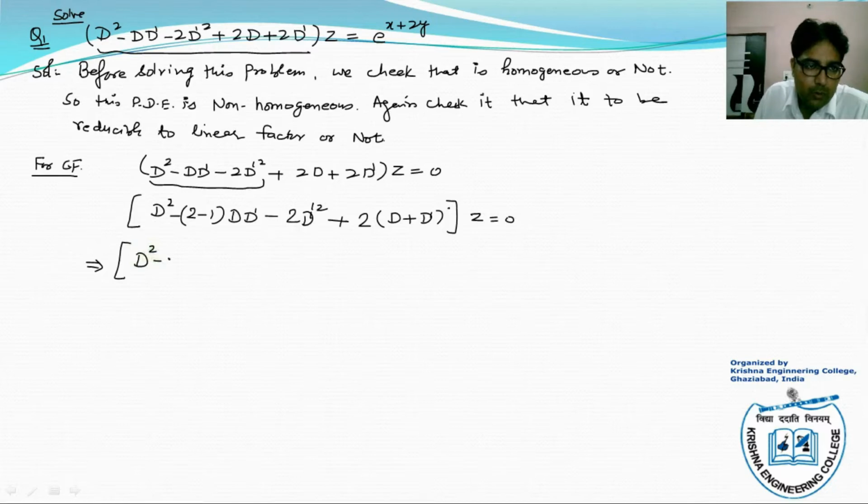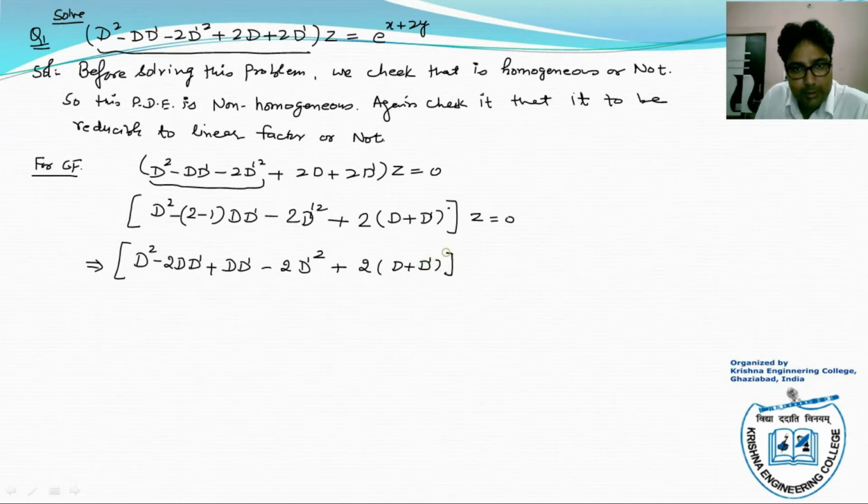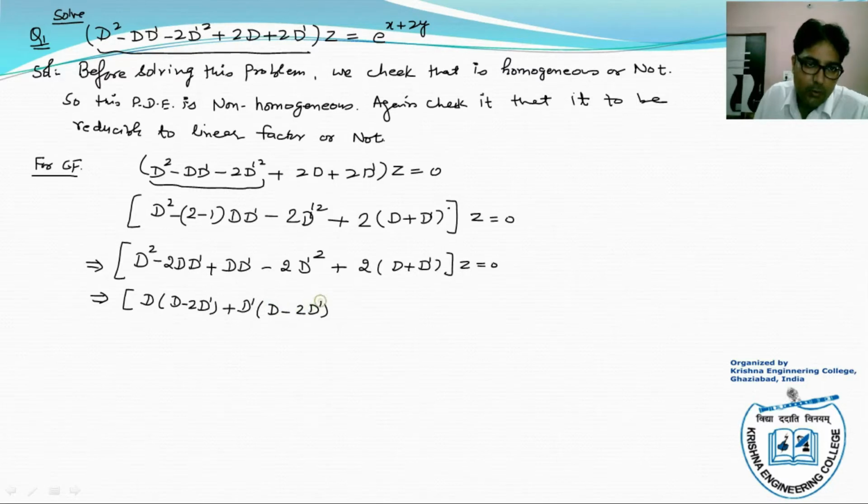Open the bracket. Take D common in the first terms and D dash common in the next terms, we get D minus 2D dash plus 2D plus D dash, z is equal to 0.